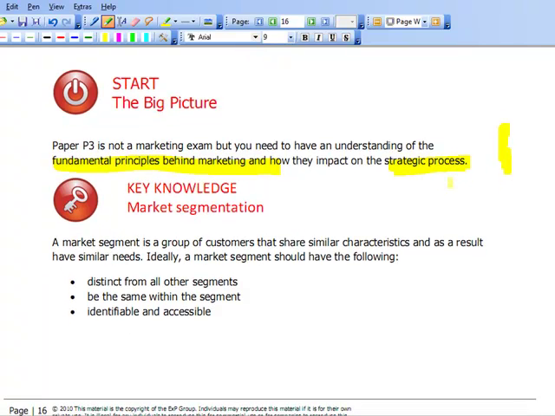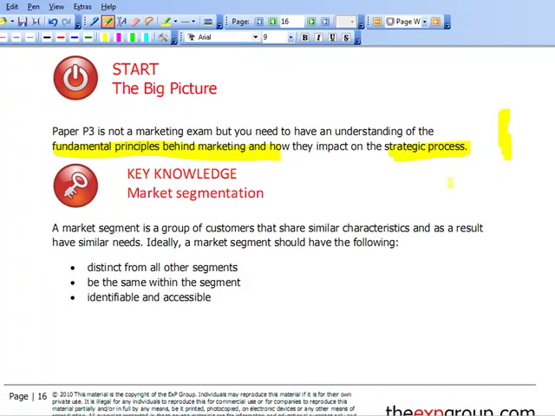First thing to introduce you to now is something called segmentation, market segmentation. One of the key things with marketing is segmentation. Now, in simple terms, segmentation is dividing the market into different segments, into different groups of things or people.